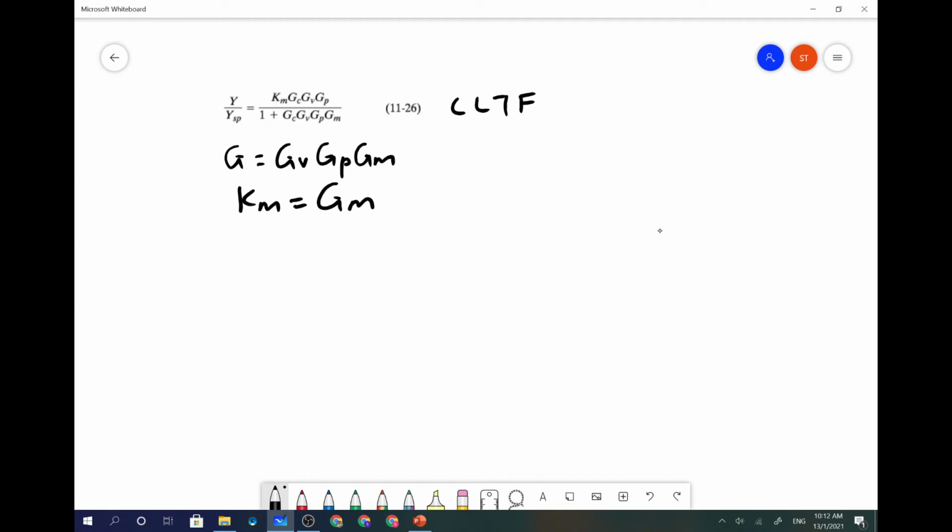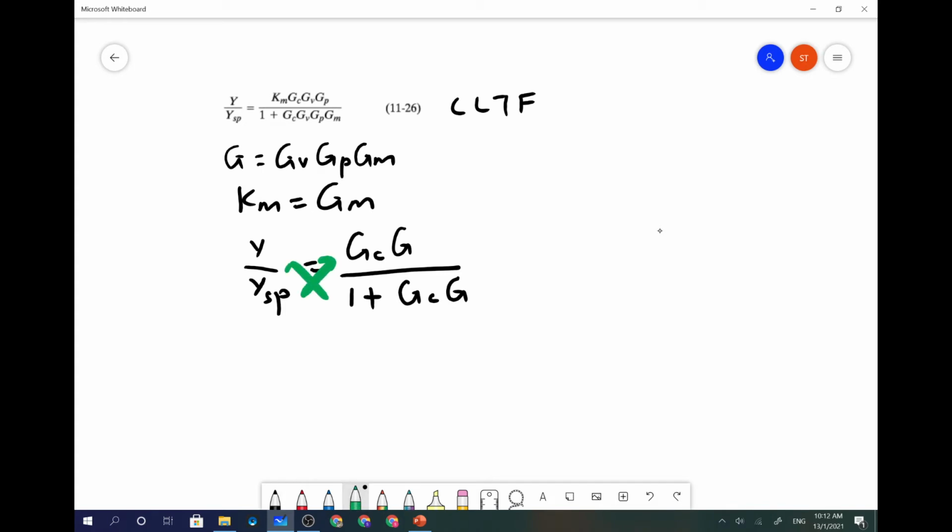And then we simplify, so our closed loop transfer function would be GCG over 1 plus GCG. So then we cross multiply.